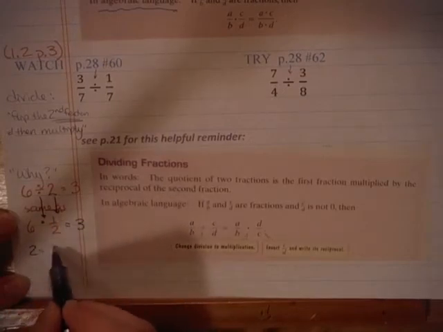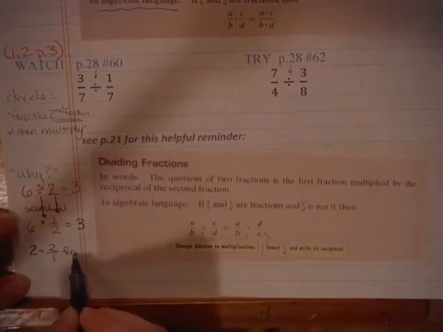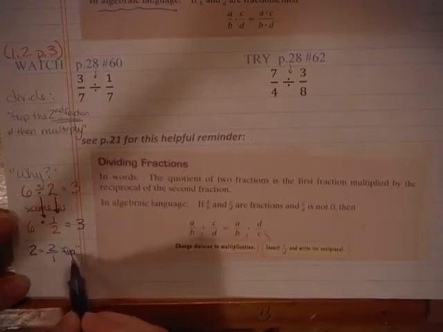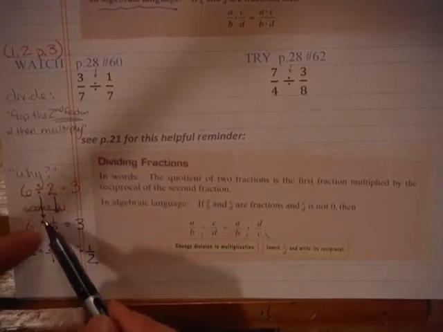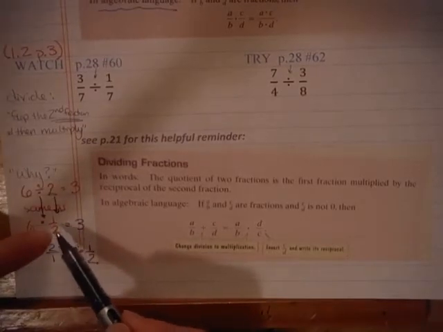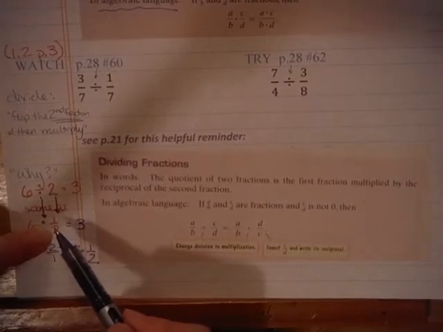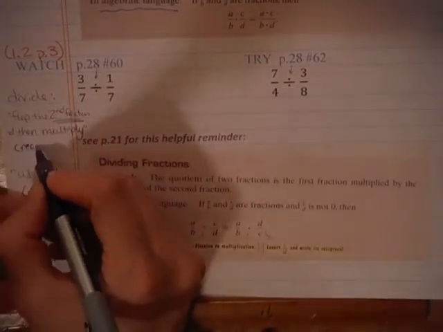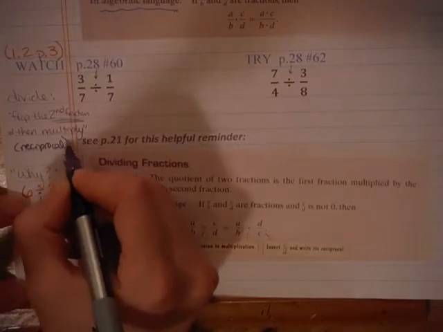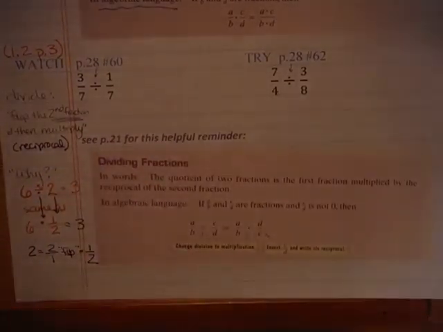Well, 2 is equal to 2 over 1, and flipped, that's equal to 1/2. So to divide is the same as if you multiplied by the reciprocal or the inverse. Okay? So the flip is really to use the reciprocal or the inverse of it. Just a little background on why.